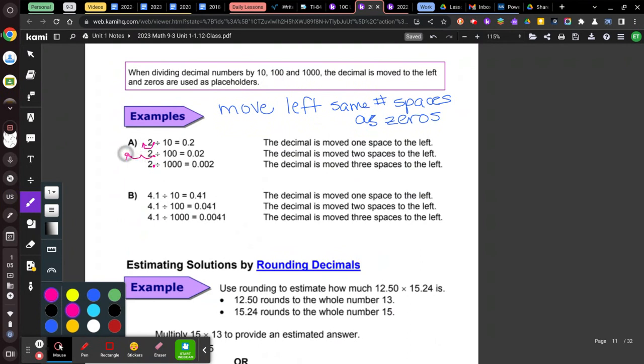So if my decimal goes there, this is where you need to put that 0 for a placeholder. That's why they've got that 0 right here. So you're going to put zeros as placeholders. Same thing if you're going for 3 spaces: 1, 2, 3. This time I need to put in 2 zeros as placeholders. So it is important to put the zeros in as placeholders, otherwise you'll get the wrong place value indication.